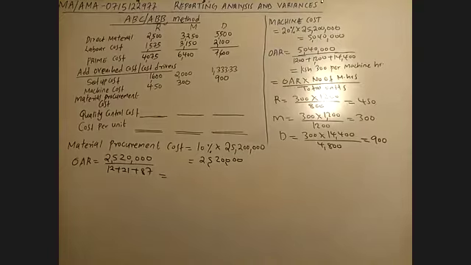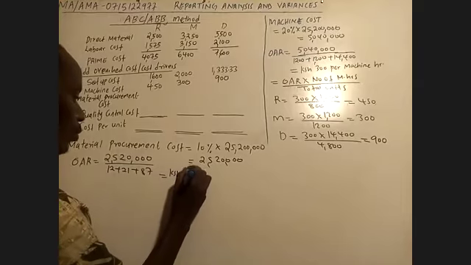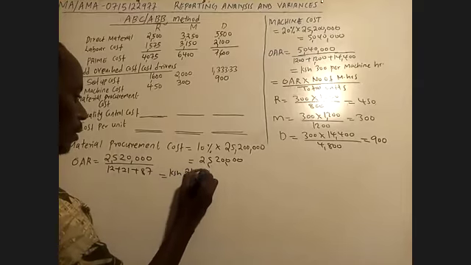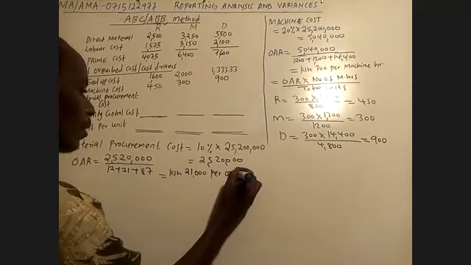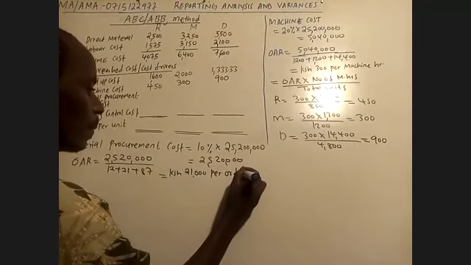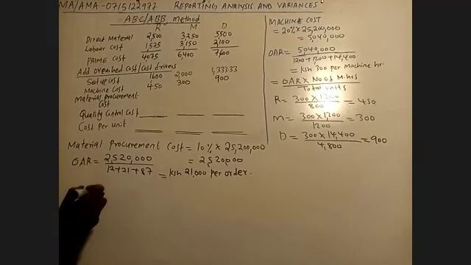It will be 2,520,000 divided by 12 plus 21 plus 87, which gives 21,000. So Kenya shillings 21,000 per order.